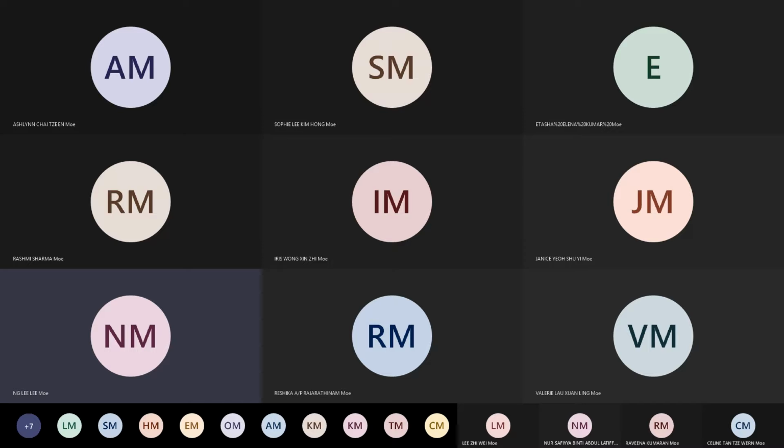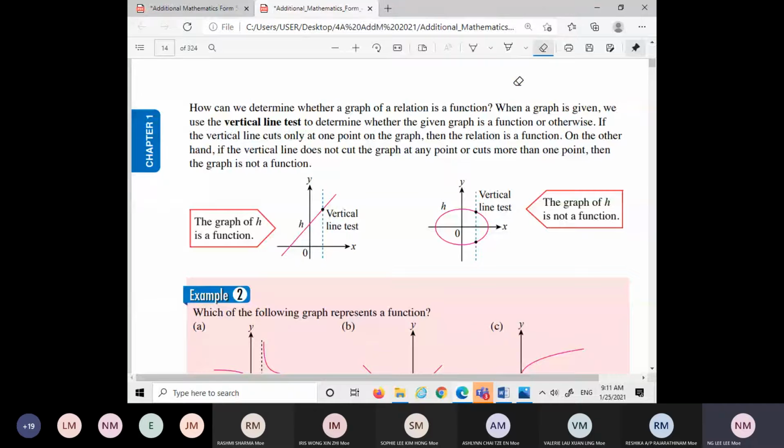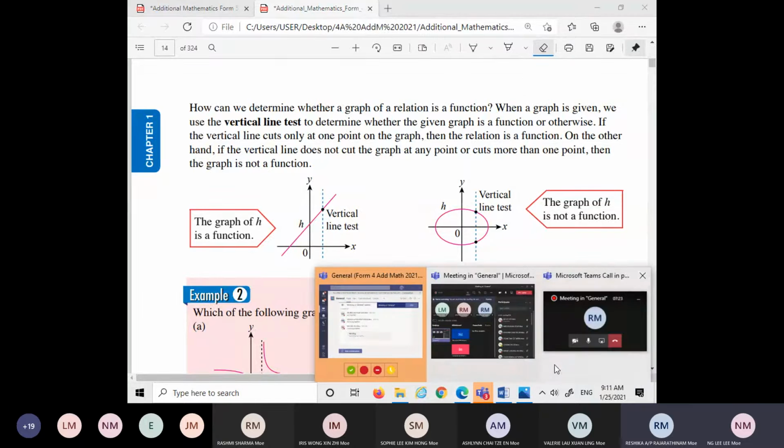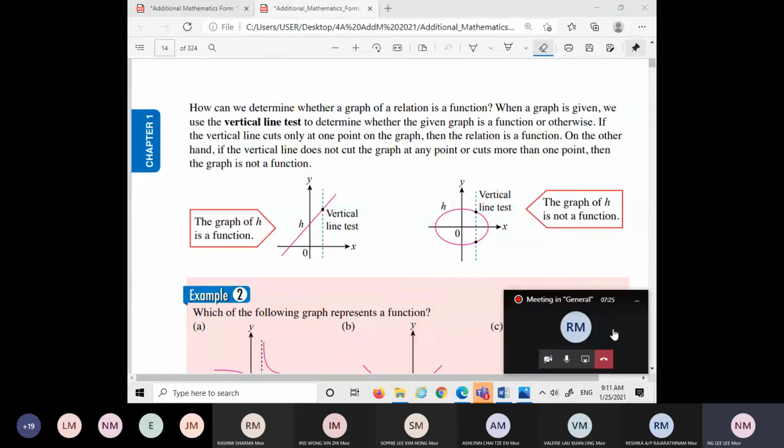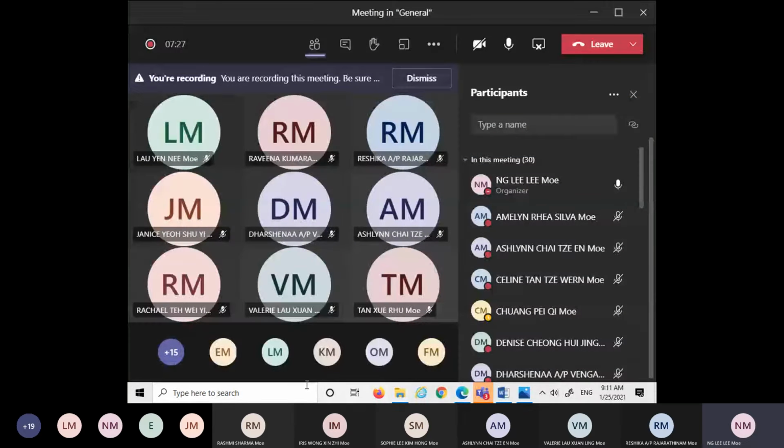Okay, so I will share the screen. Can you see the screen? Can you see the vertical line test? Teacher, cannot. It's black. Lag again? Why? I'm presenting what?